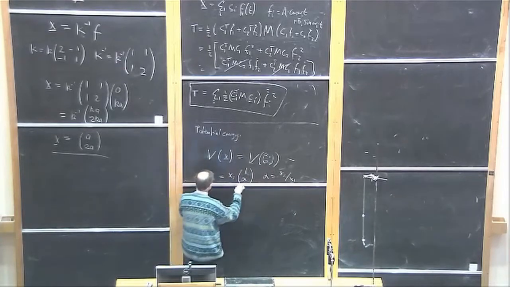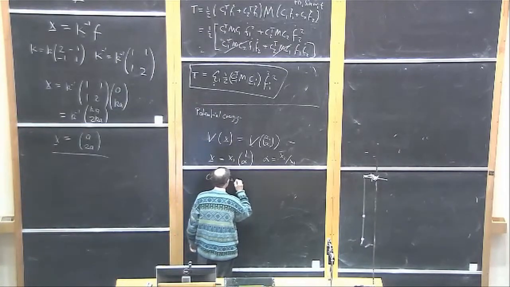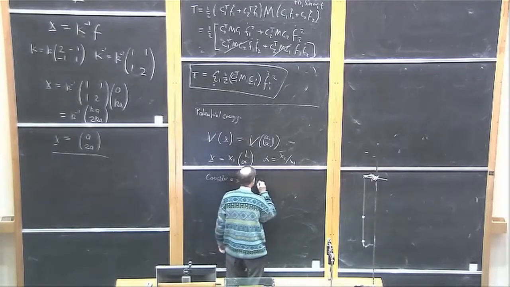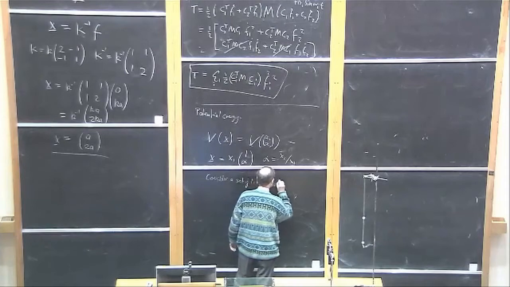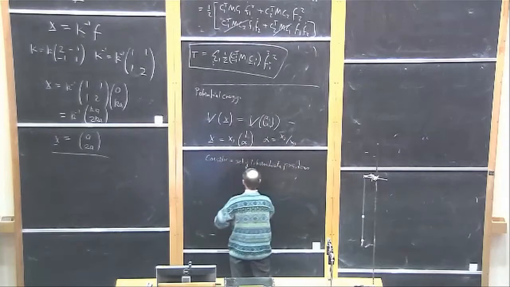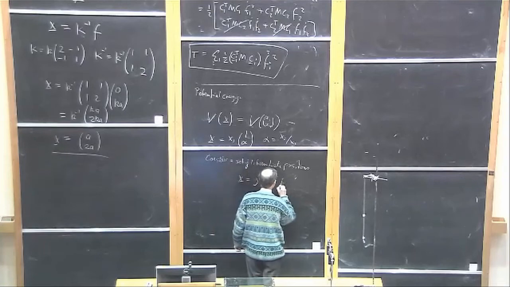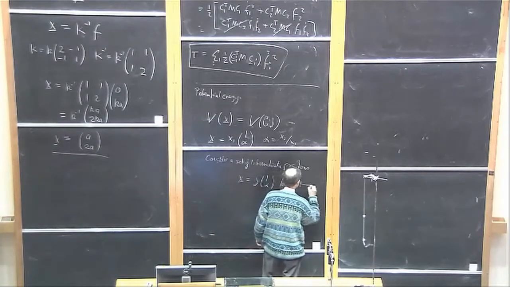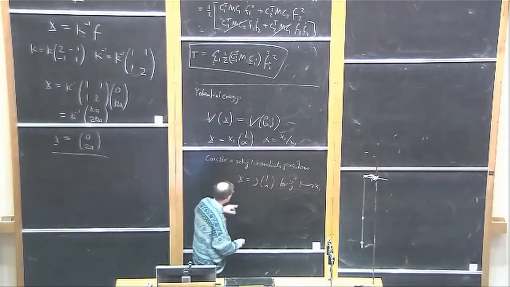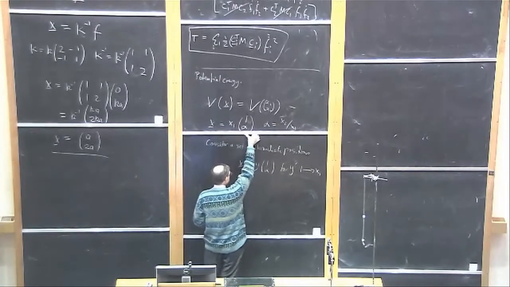So I'm going to consider a set of intermediate positions x equals y times (1, alpha) for y going from 1 to x1. Okay? So as y varies from 1 to x1, these positions give you the positions that I was just displaying.